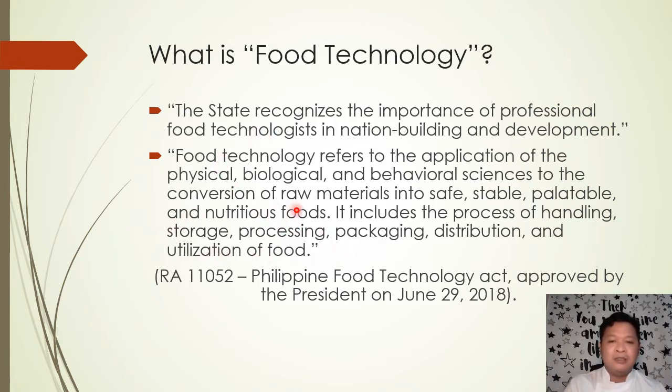So again, it's just to state the coverage from farm to fork, and also the goal, which is conversion of raw materials into safe, stable, and palatable and nutritious foods, which differentiates us from agriculture, which normally ends at the harvest of the raw materials, or rather their harvest and storage. And of course, we add here that we apply not just physical and biological sciences, but also behavioral sciences. So in a way, understanding consumer behavior is a behavioral science with some psychological aspects involved.